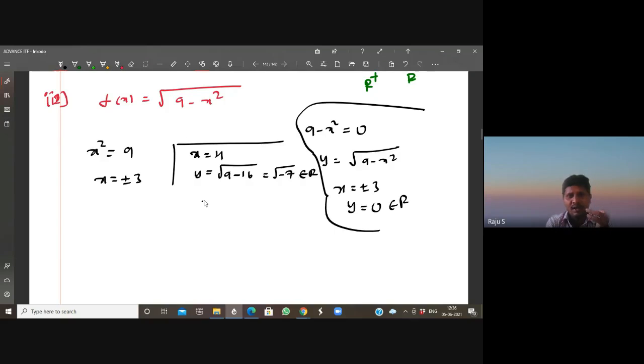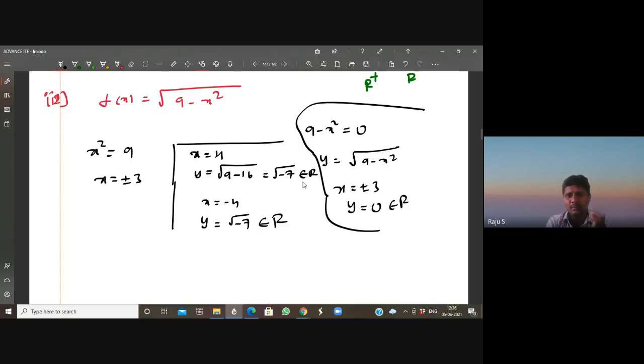When I take x equal to minus 4, what about y? Same, sir. Root of minus 7 again. So 9 minus minus 4 whole square, that is 9 minus 16, that is root of minus 7.